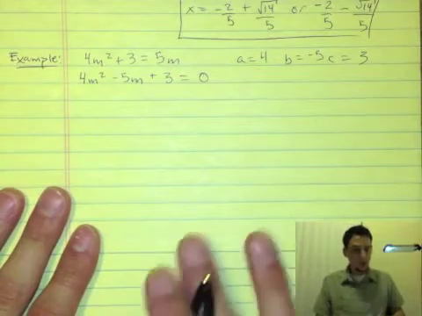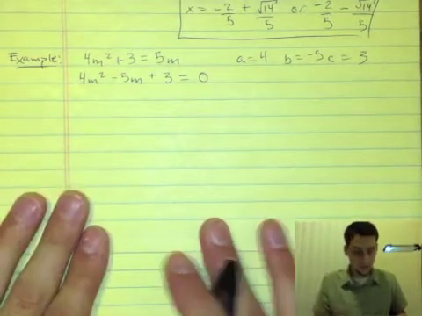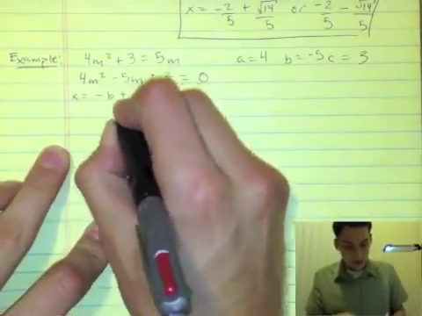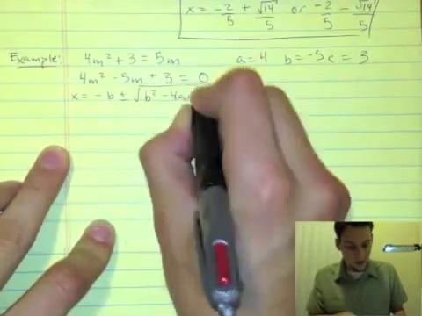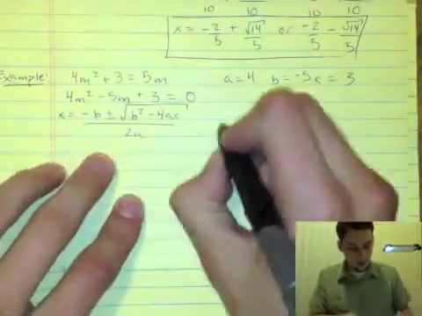And then we put it into our quadratic formula, that you've already memorized, but I'm going to say it again. X equals the opposite of b plus or minus the square root of b squared minus 4ac all over 2a. So, I'll just plug in.